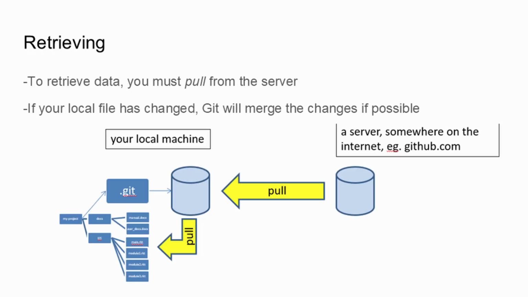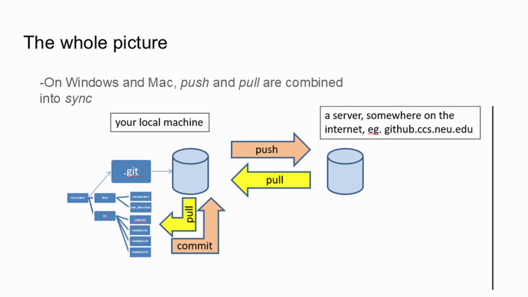If you are not on your main computer, you can always log into your online repositories, in this case GitHub, and you can go ahead and pull all the files from your repository onto that machine. And this is basically the whole picture of how GitHub really works.